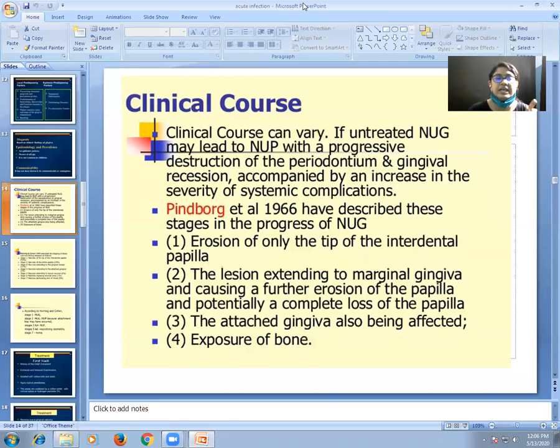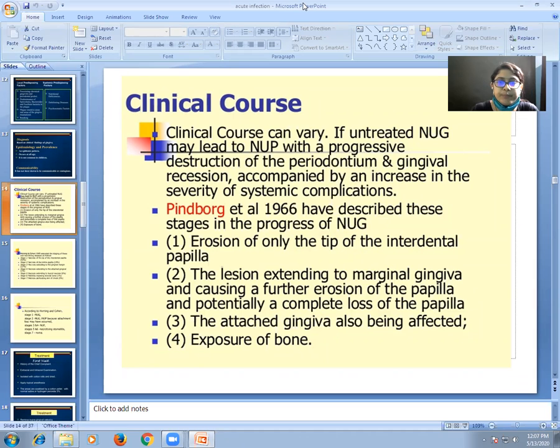The second stage is when the lesion extends to the marginal gingiva with further erosion of the interdental papilla. The third stage affects the attached gingiva, and the fourth is exposure of the bone.